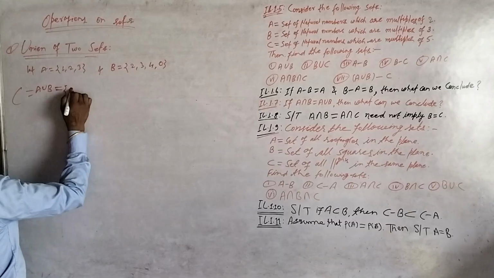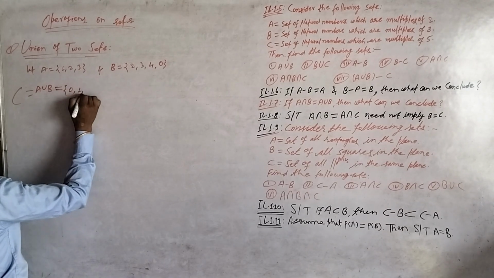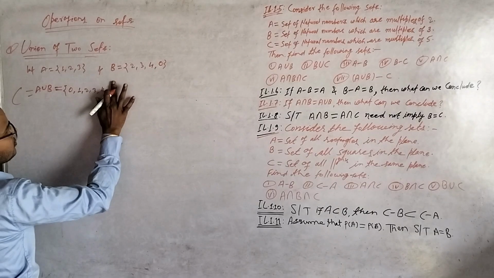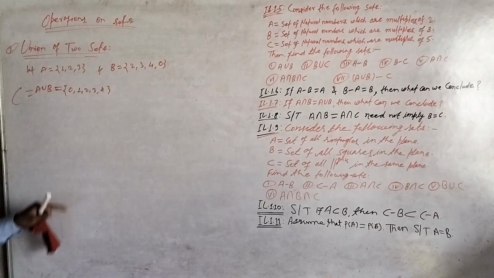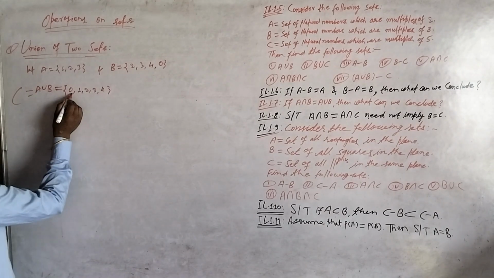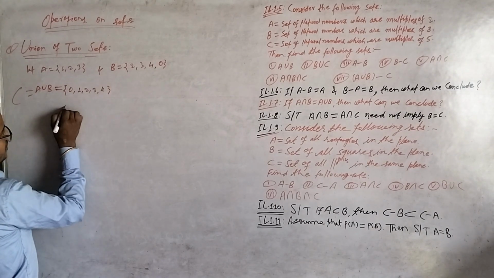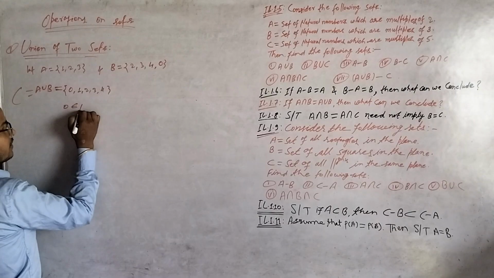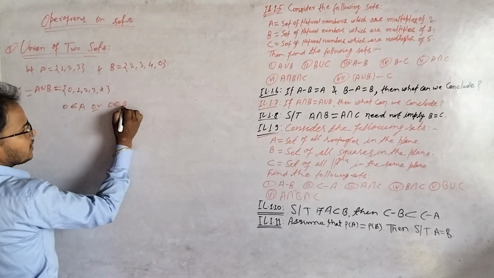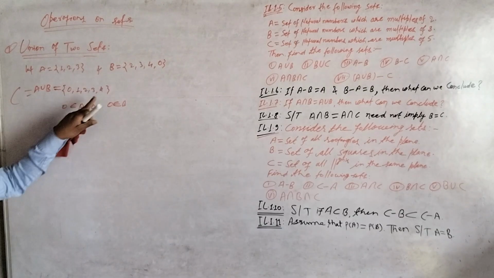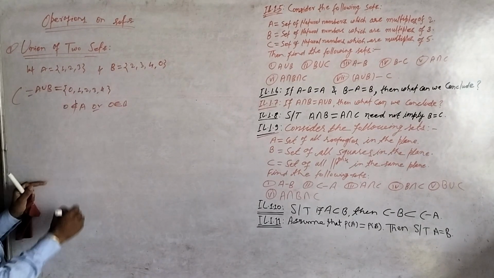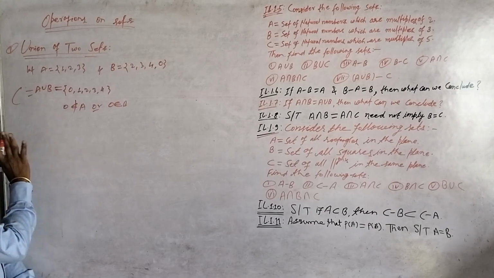So first we write 0, then 1, 2, 3, 4, and 5 is not in any set. Here 0 belongs to B but not to A.